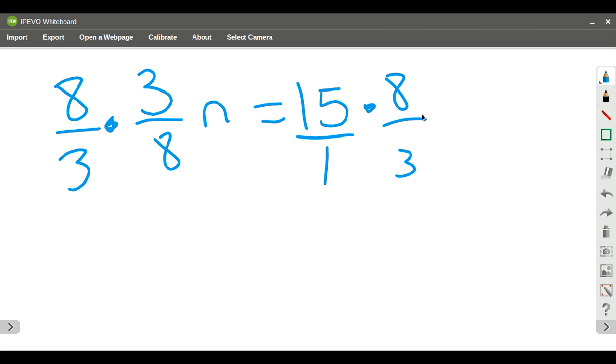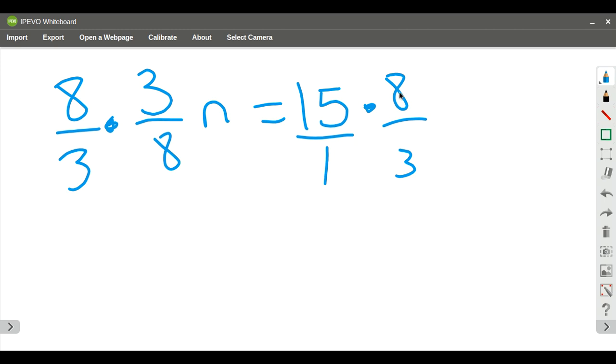Now I'm going to multiply straight across. But before I do, I always want to see if I can cross cancel. Cross canceling, if you remember, is where I look diagonally to see if I can simplify by dividing by the same factor.